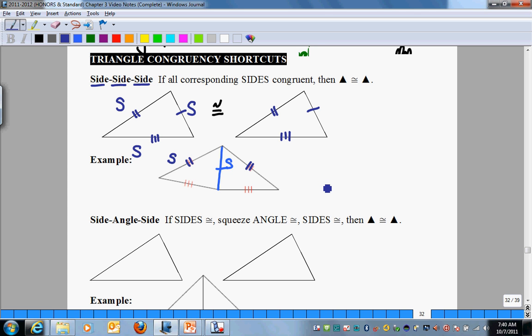Put an S, and another pair of sides. So we can conclude that these triangles are congruent by the shortcut side, side, side, or SSS. That's one shortcut of 4.